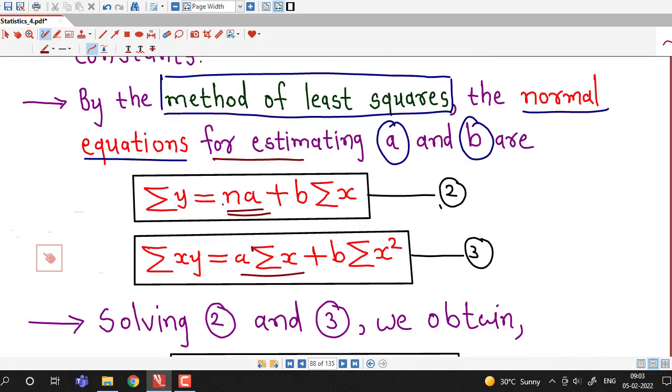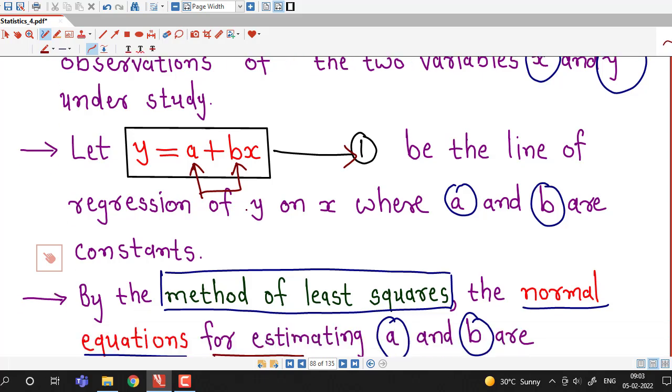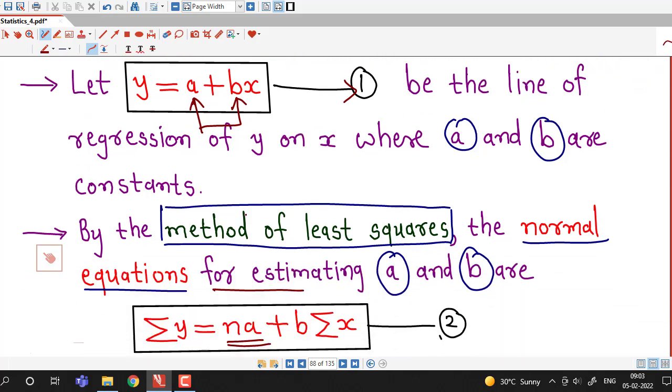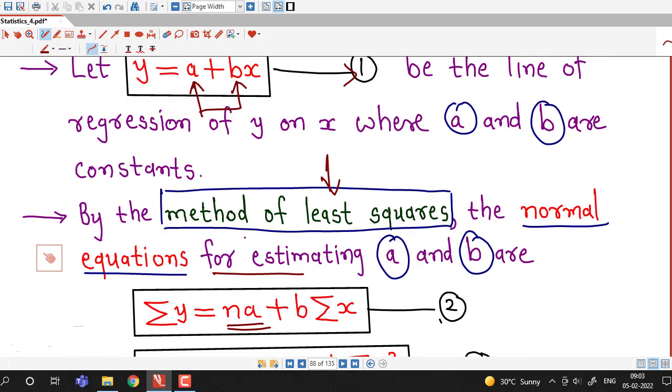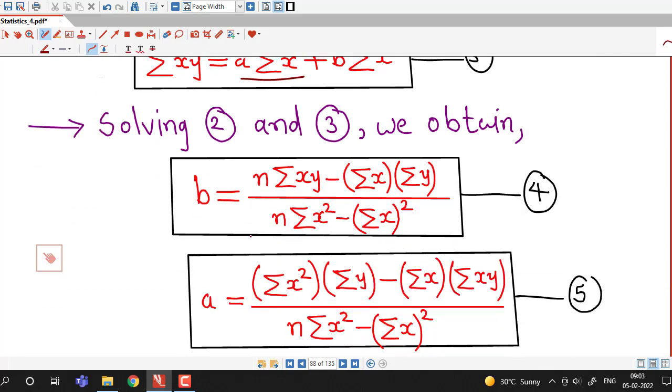Now once we obtain values of a and b, we can substitute them in this equation and we will obtain the line of regression of y on x. So this is one method for obtaining the line of regression of y on x. This method is known as the method of least squares. So for the method of least squares, we first write down normal equations, and solving them we obtain values of a and b.